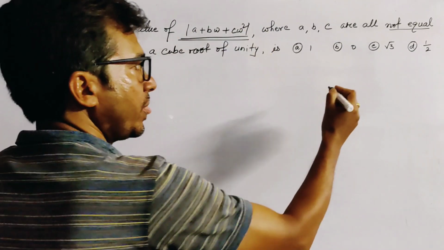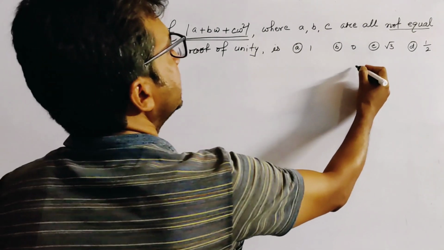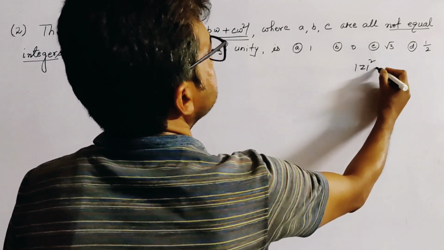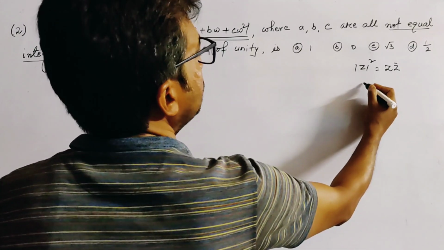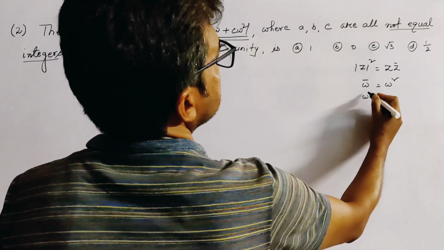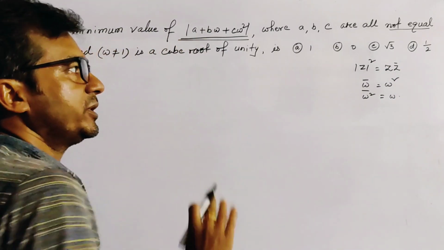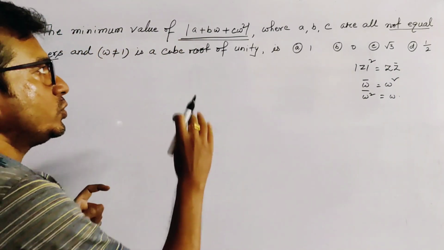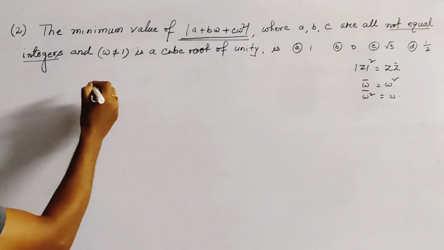Now here we apply the properties of complex numbers. Mod z square equals z into z bar. And also we know that omega bar equals omega square, and obviously omega square bar equals omega. This property we apply here. And also we apply an important factorization which is very important for complex numbers.